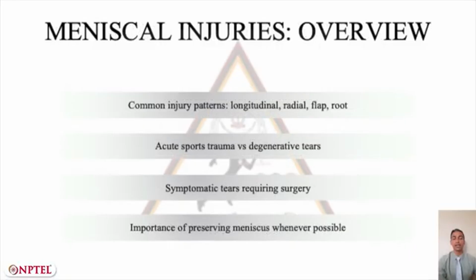Meniscal tears can be longitudinal, radial, flap, or root tear types. Acute tears often occur in sports with twisting forces, like football, volleyball, wrestling, skiing, etc., while degenerative tears are common in older adults, especially in the fifth or sixth decade of life.